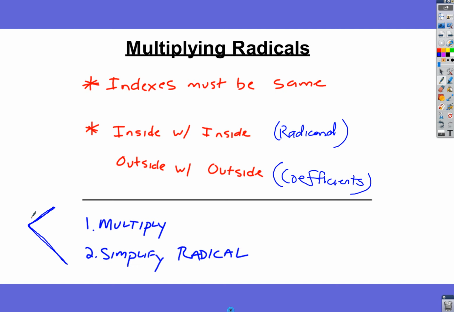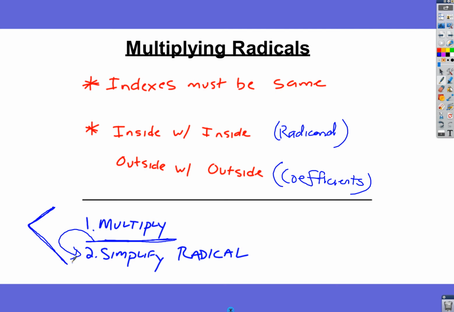If you do it this way, and indeed you multiply first, what normally happens when you multiply numbers, at least whole numbers? What tends to happen to those numbers? They get bigger, right? So when it comes time to now simplify a radical, which in many cases involves doing a tree, you're going to be doing a tree with a much bigger number.